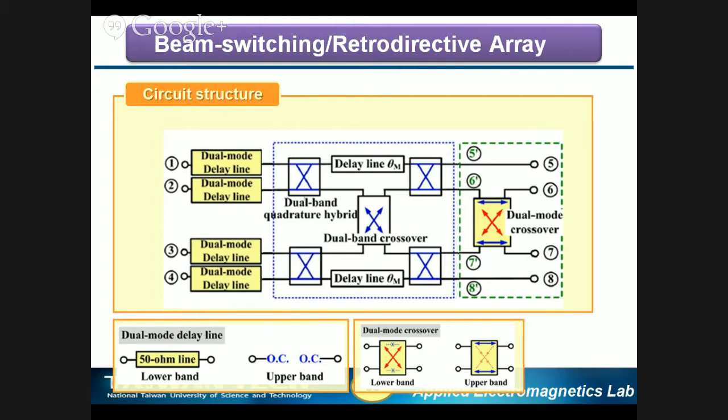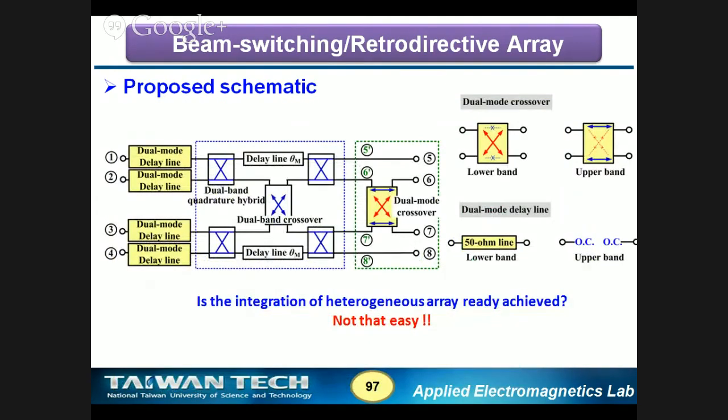In these cases, with just two new dual mode components, we can get the feeding networks of the two arrays together. And the question I would like to ask you is, is the integration of the Butler matrix and the reflection array readily achieved, easily achieved, just by replacing the two? Not that easy, because we are talking about the phase array.